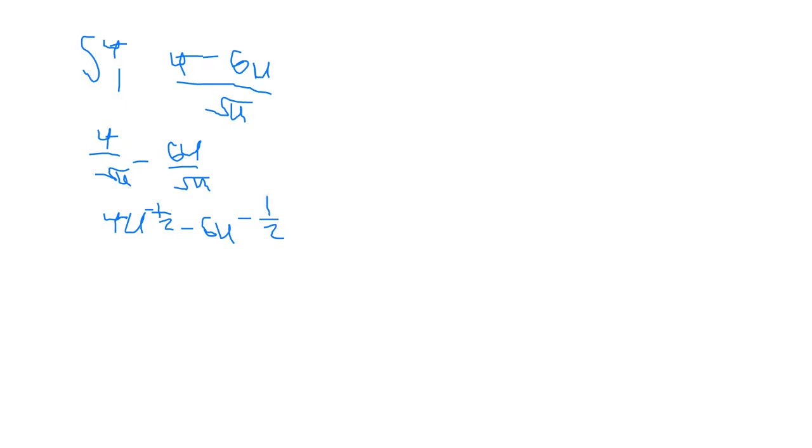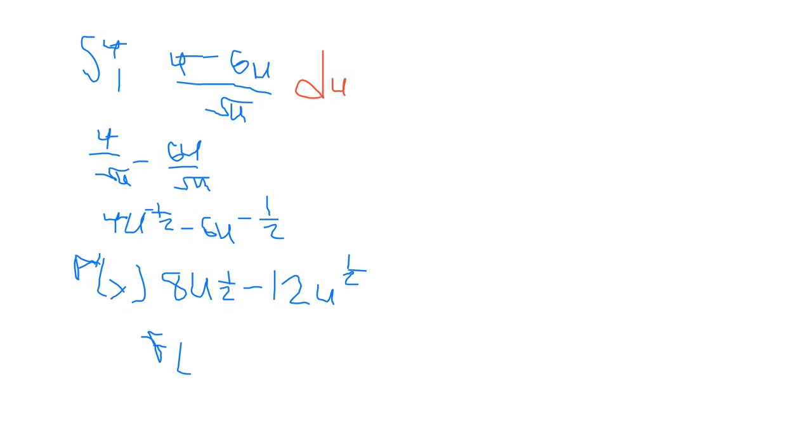Then our f prime of x, or our antiderivative, is 4 times u to the half over half, that's 8u to the half. And then negative 6 times u to the half over half, that's negative 12u to the half. Then all we have to do is evaluate f of 4 minus f of 1.